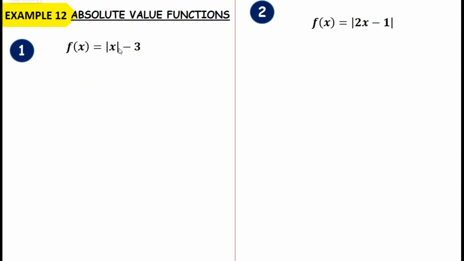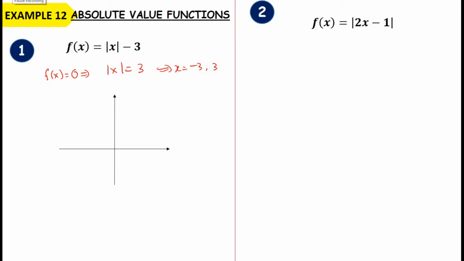Next, we have absolute value function. Let's say we take this function, f of x is equal to modulus x minus 3. As usual, you have to find the x-intercept and the y-intercept. When f of x equal to 0, then we get modulus x is equal to 3, meaning that x can be negative 3 or 3. So this is the x-intercept.